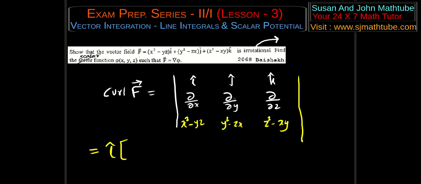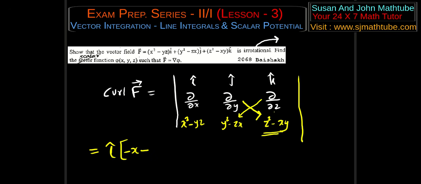So i into, we have to do partial with respect to y. You have to do partial with respect to y for this function. That means y is the only variable. So it's going to be 0 minus x into 1. That is, you're going to get minus x. Now you have to differentiate partially with respect to z.